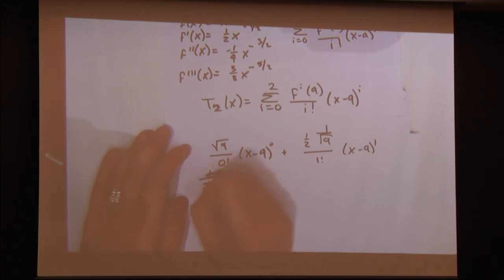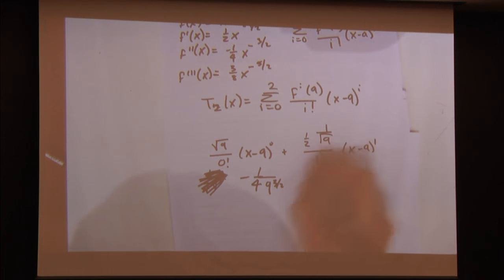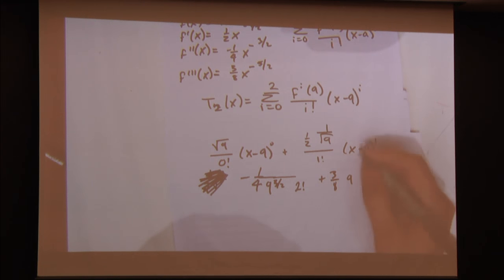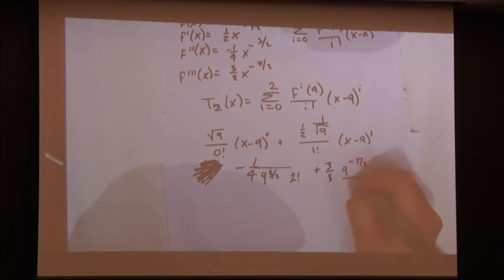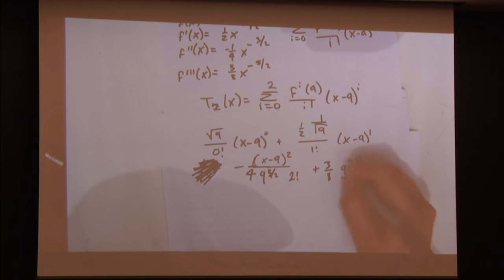If I could draw numbers, that would be fabulous. Negative 1 over 4 to the 9 3/2. And then that would be over 2 factorial plus 3/8 9 to the negative 5/2 over 3 factorial times x minus 9 to the 3.